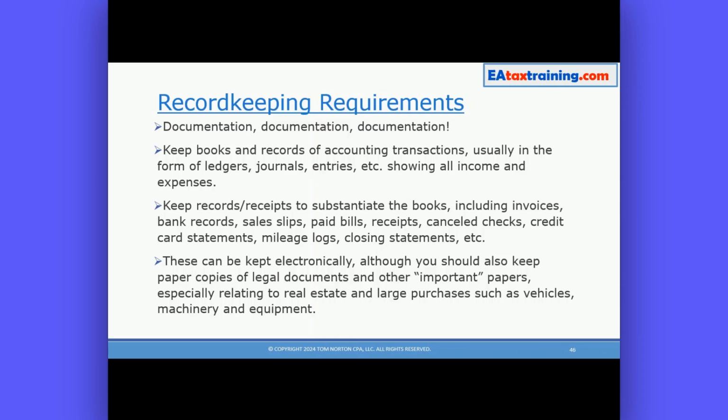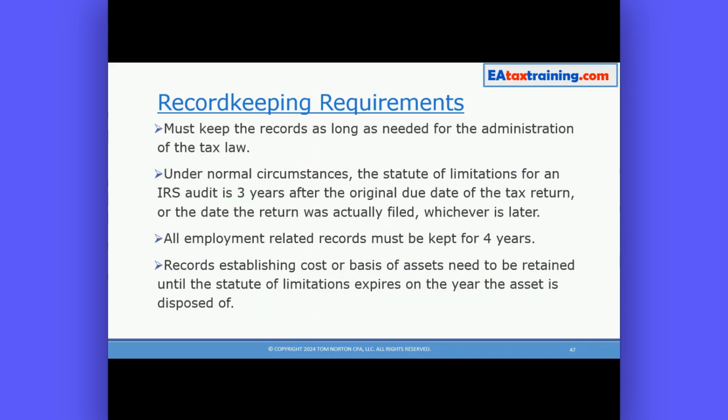If you are filing a tax return and you do not have good documentation, you are just asking for the IRS to deny all of your expenses and deductions, and to say, yes, we are going to tax your income, but we are not going to let you have any deductions. And so you're going to end up paying a whole bunch of tax that you would not otherwise pay. So when it comes to the IRS, always think about documentation.